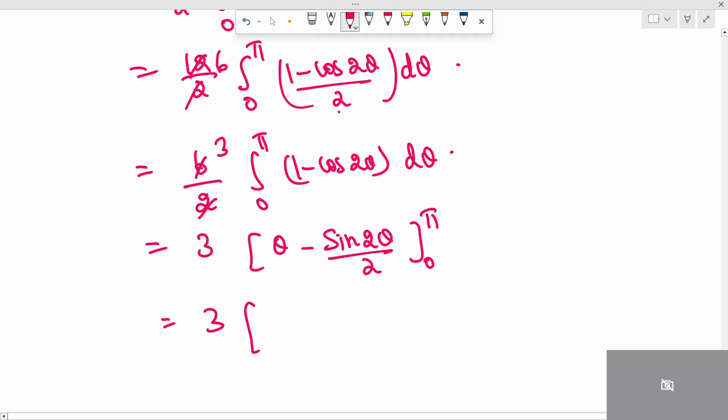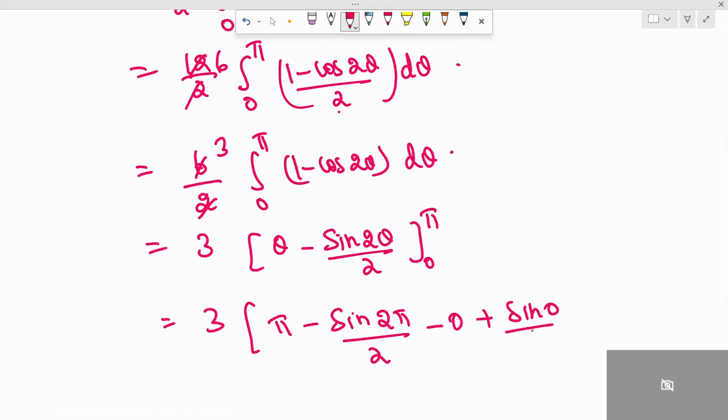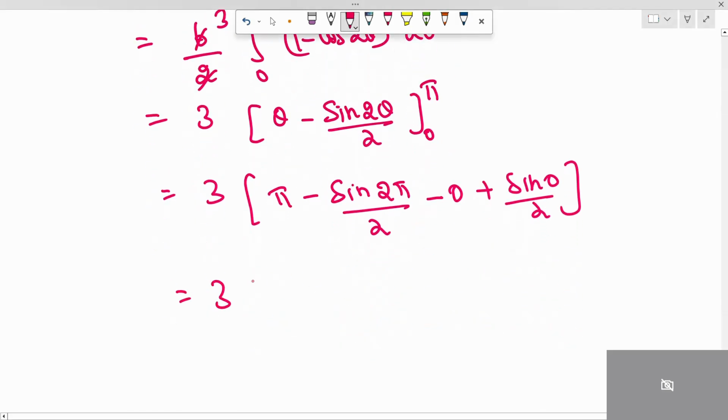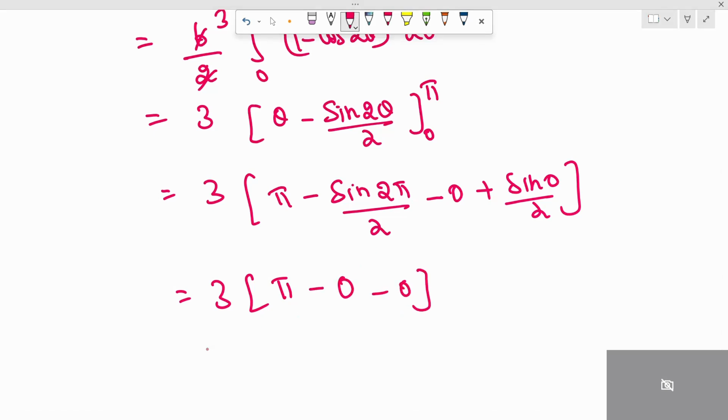First apply the upper limit value pi in theta: pi minus sin 2 pi by 2, then apply the lower limit value 0: minus 0 plus sin 0 by 2. So 3 into pi, since the value of sin 2 pi is 0 and sin 0 is also 0. Therefore, the final answer is 3 pi.